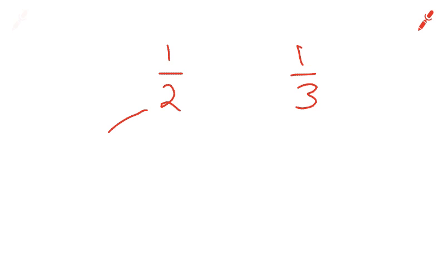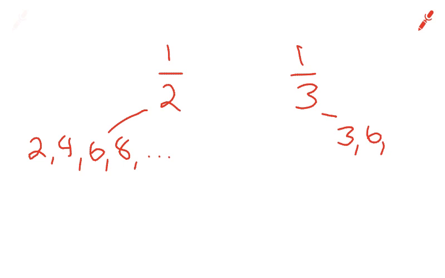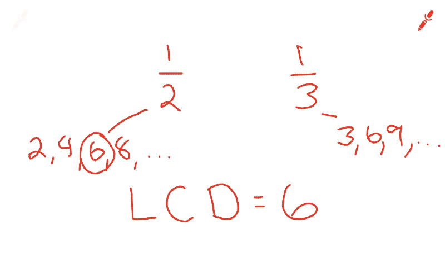Well, we know 2 goes into 2, 4, 6, 8, and so on. And we know 3 goes into 3, 6, 9, and so on. So our LCD, our lowest common denominator, is going to be 6. That's the number it's shared here and here. 6 is our LCD and going to be our answer for this one.